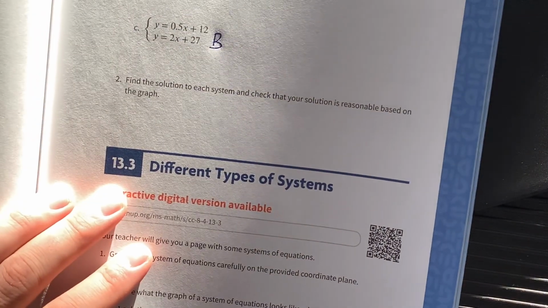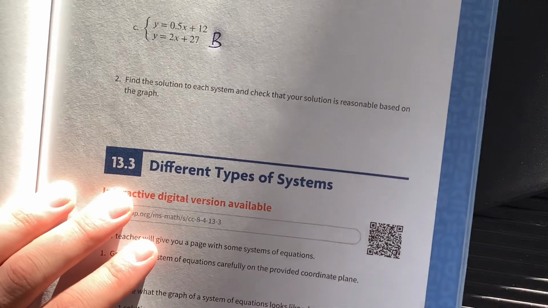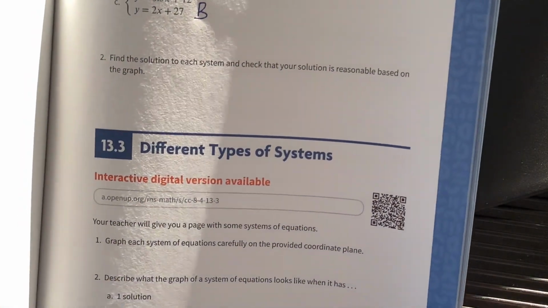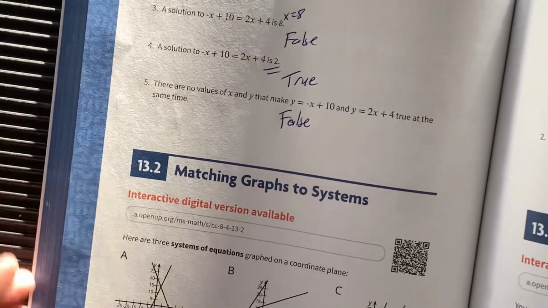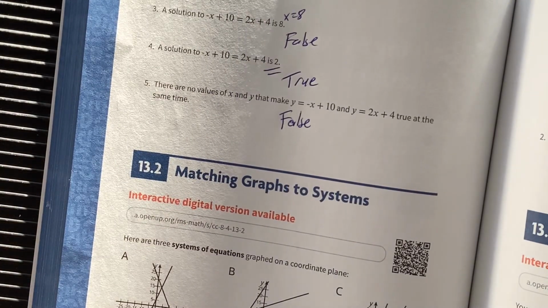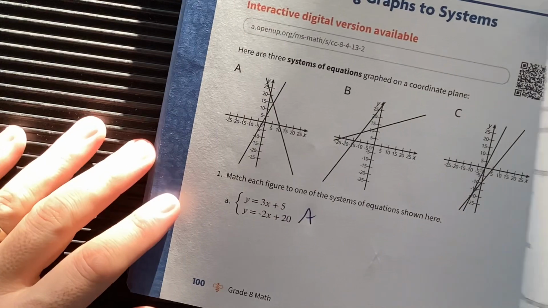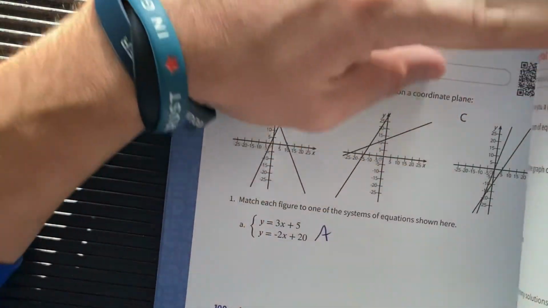Find the solutions of each system and check your solution is reasonable. See if they work. So let's guess and see where they meet. That is what it means by solution. Say for A, what does it look like they meet at? 5, 15.